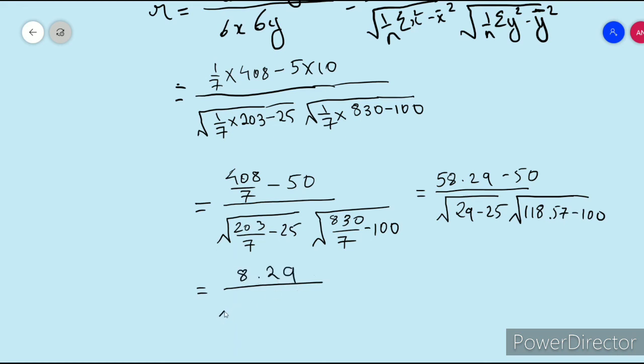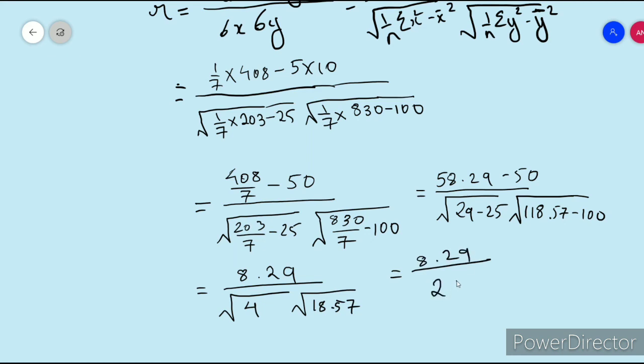Remember, I've used the calculator, hence I'm just putting the values down. The value of 4, we have to find the square root of that, and the difference between 118.57 and 100 is 18.57. Square root of 4 is 2.